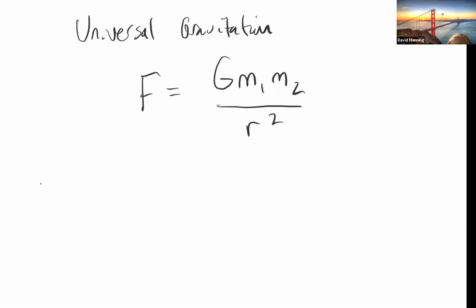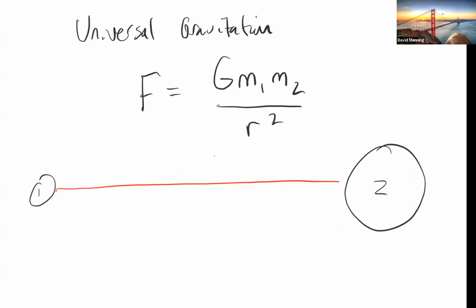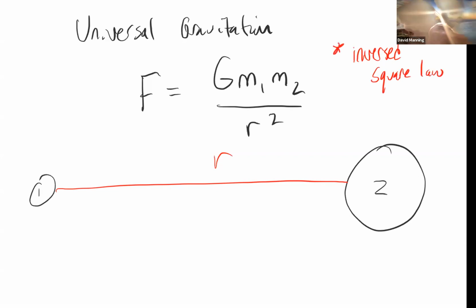Like if m1's way out here and m2's over here, now we have a bigger radius, the force is going to be less. So the closer the things are together, the bigger the force. This is an inverse square law, and that means that the denominator is squared.